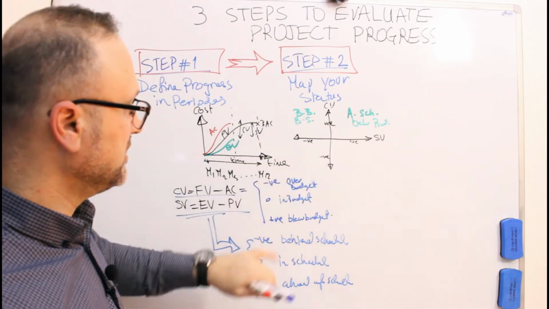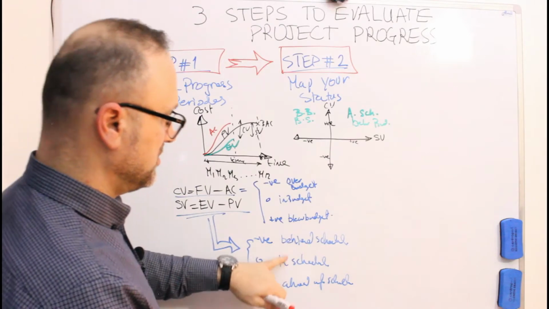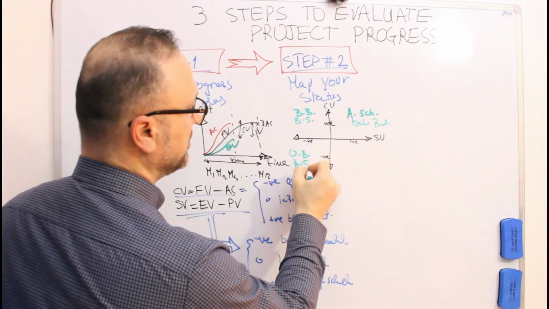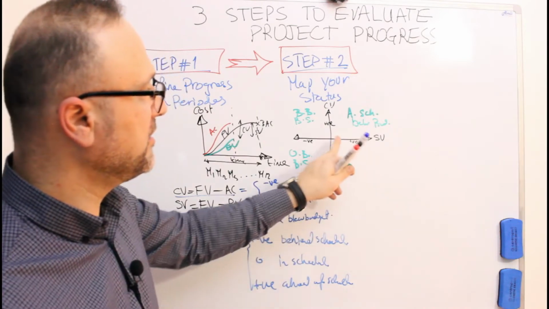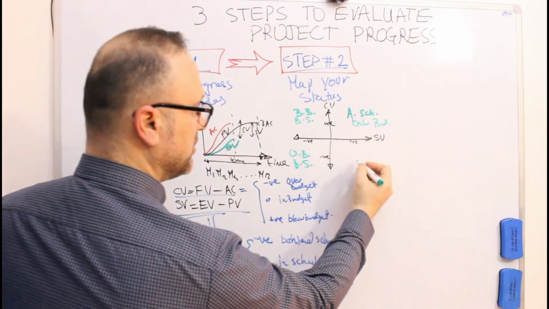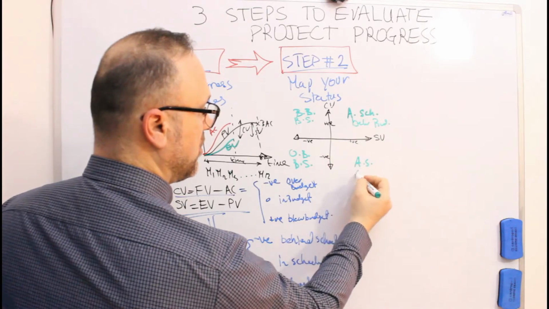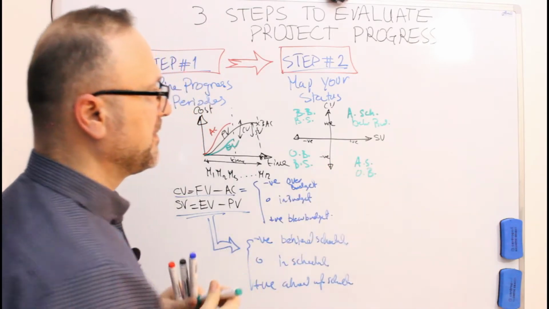Here, negative negative means over budget, behind schedule. Over budget, behind schedule. Here, positive negative, so it's ahead of schedule and over budget.